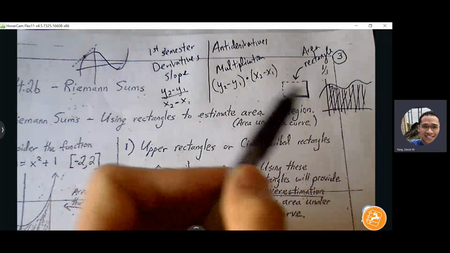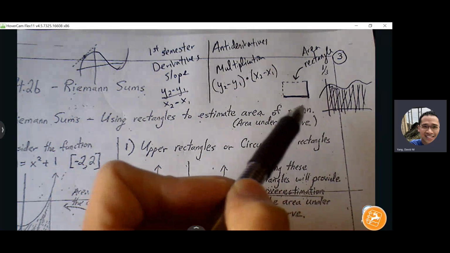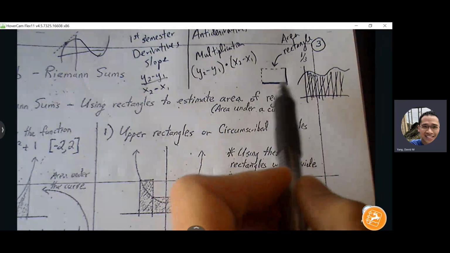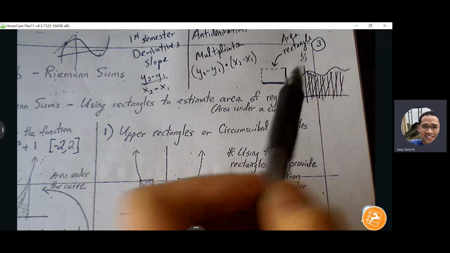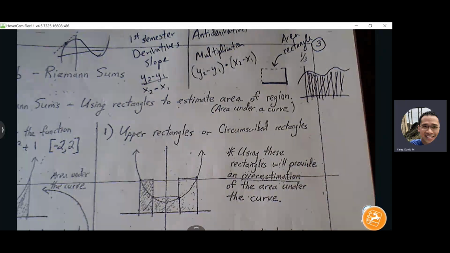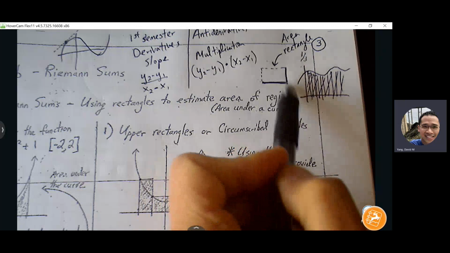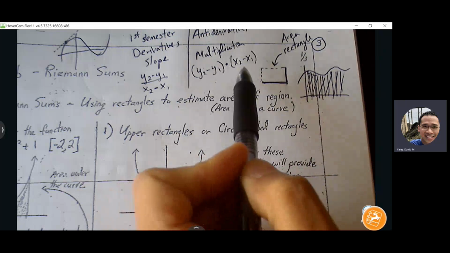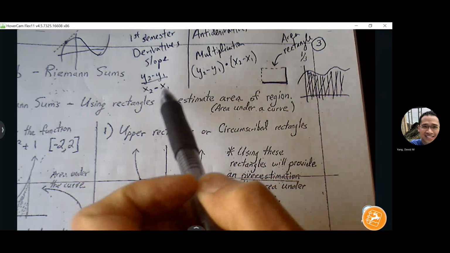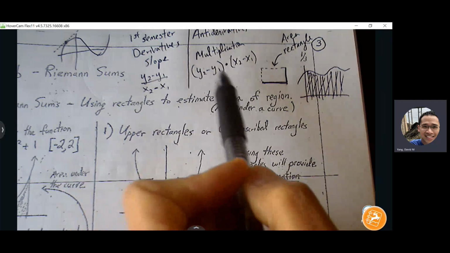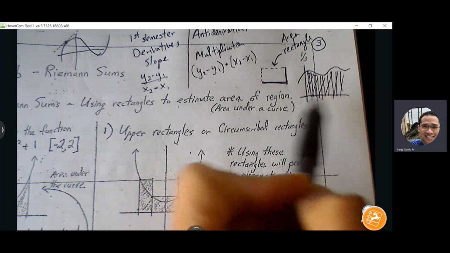So we're going to bring back this concept of limits, but we're going to explore that more tomorrow. So today, we're just going to be exploring how to find an approximated area of a region. But that's why we're so focused on this idea of rectangles, because if I multiply x2 minus x1 times y2 minus y1, we do get something that is area related from a rectangle's perspective.